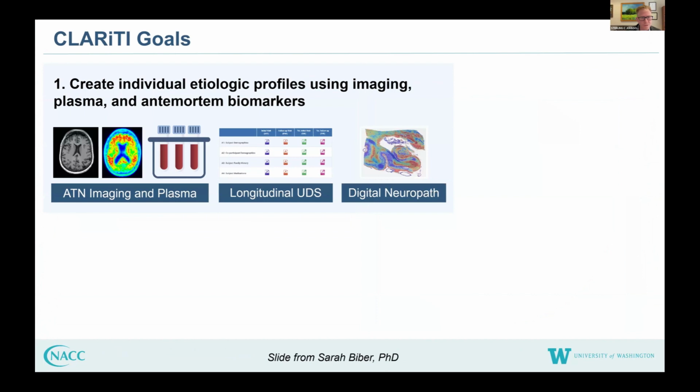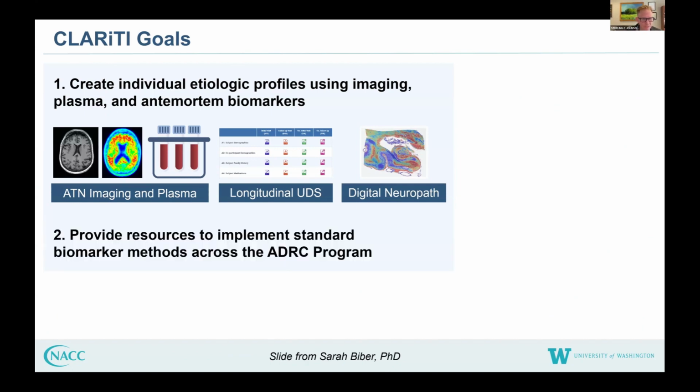Our major goals are to identify an etiologic profile using imaging and plasma and other antemortem biomarkers and data points, and we'll eventually validate these with neuropathology. And that's, again, one of the strengths of the ADRC system: our strong culture of brain donation. Keep going, Heather. We'll provide resources to implement standard biomarker methods across the program.